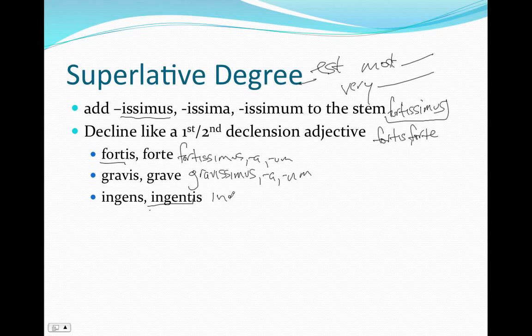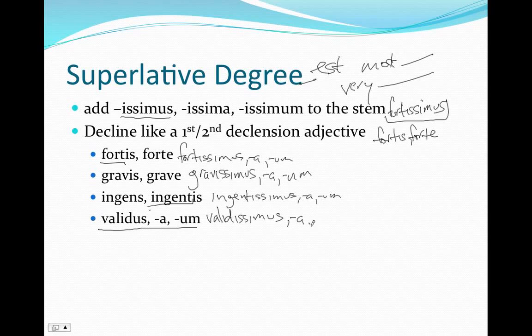Ingent, so huge, if we want the hugest, ingentissimus. Or validus, strong. And although this is a first and second declension adjective, the form is exactly this. You form the superlative the same way, the strongest, validissimus. So that's the basic way to form the superlative degree.